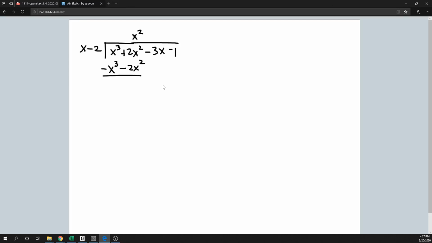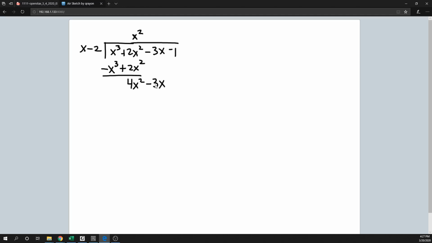So I change all the signs and add. So when I do that, I have 1x cubed minus 1x cubed, and they drop out as they always should. And then 2x squared plus 2x squared gives me 4x squared. Next, I bring down, and this has 2 terms, so I want to make sure that I have 2 terms here. Okay.